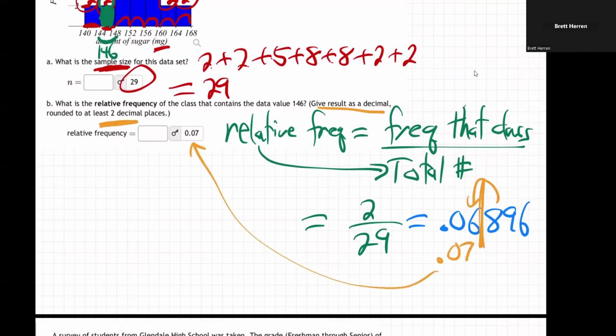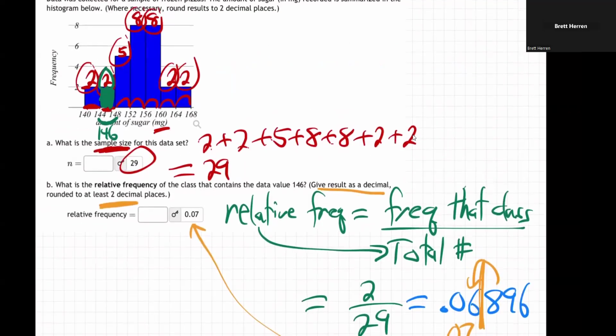And so there we go. That's the answer. That means 0.07, or 7%, of all the pizzas have between 144 and 148 milligrams of sugar, which is the class where we would find a pizza with 146 milligrams. And so there we go.